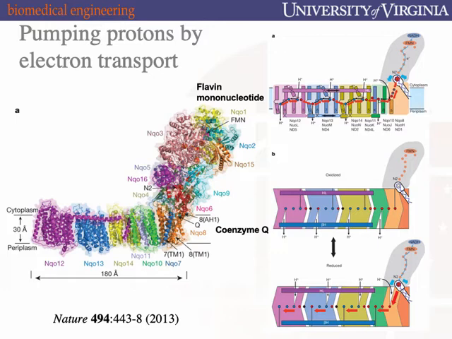That gives the pumping action of complex 1. The thinking is that the other complexes that we don't have as much structural detail on operate in the same way: redox-dependent conformational changes, and selective binding and unbinding of protons on one side of the mitochondrial inner membrane as opposed to the other, give rise to the pumping mechanism of these complexes.